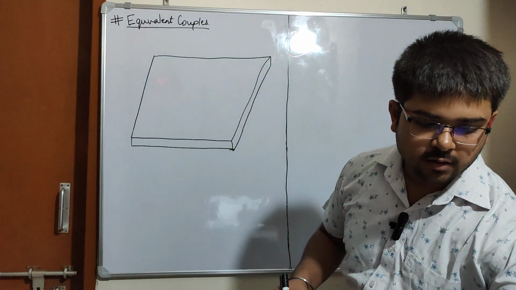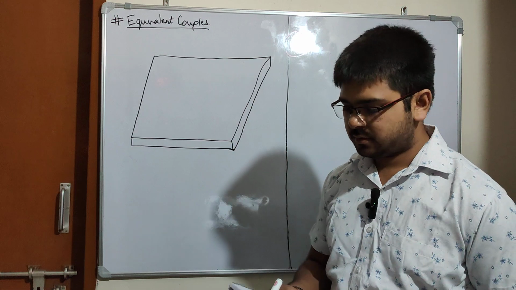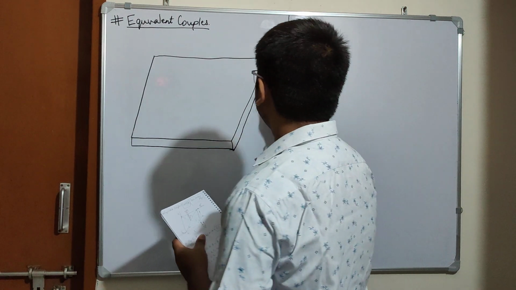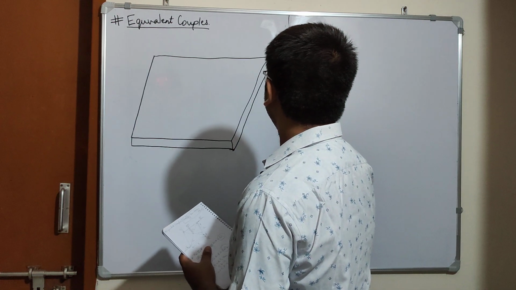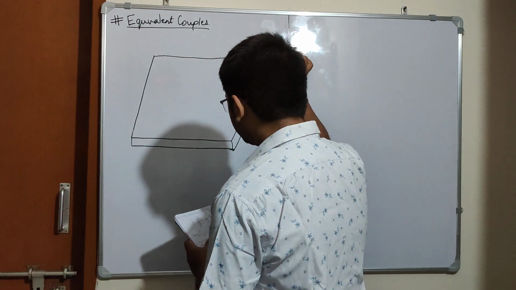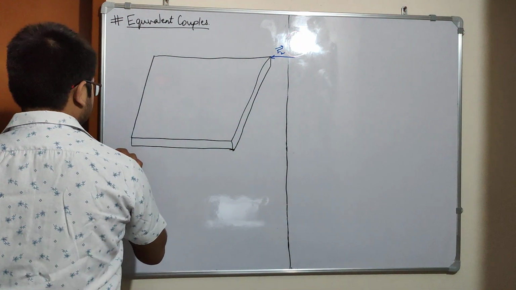So I'll make two couples here. This is one couple, F2 vector and minus F2 vector.